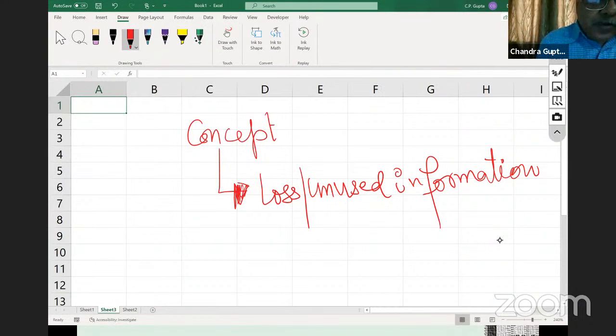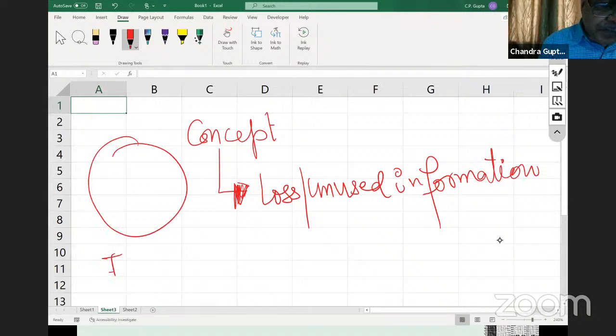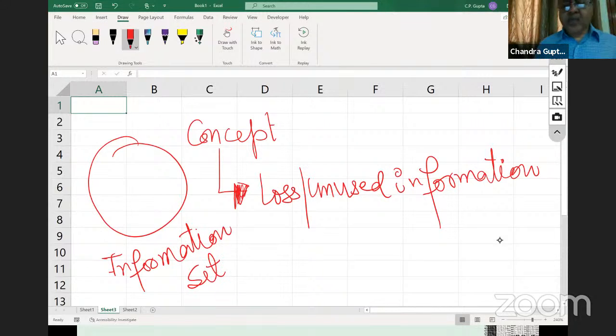Suppose I say that's my information set, and to determine my estimator I make use of this part of the information.